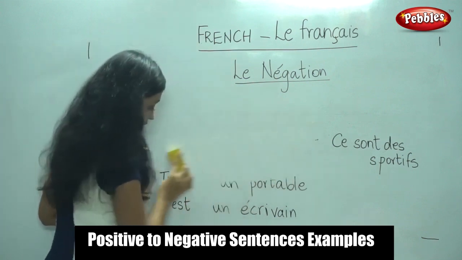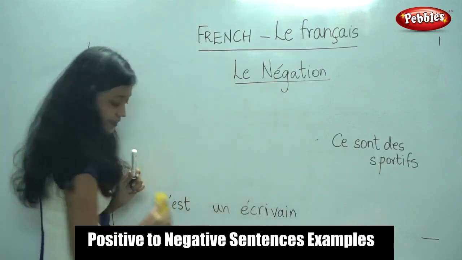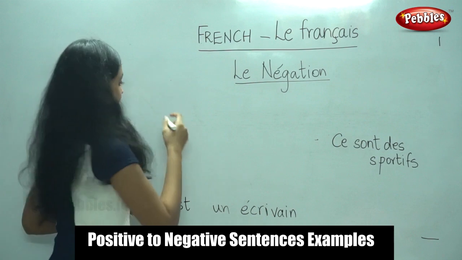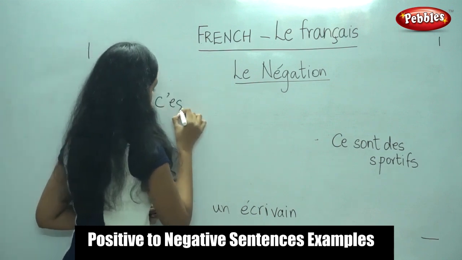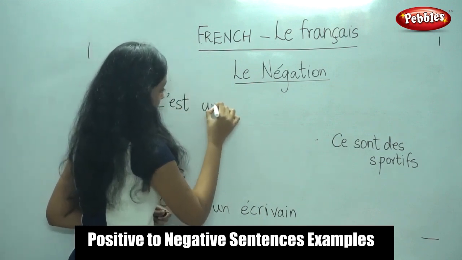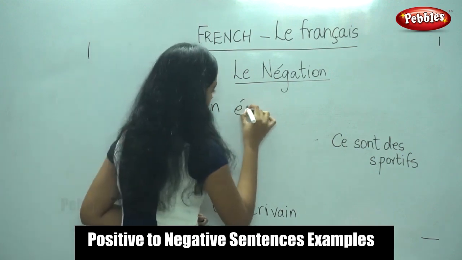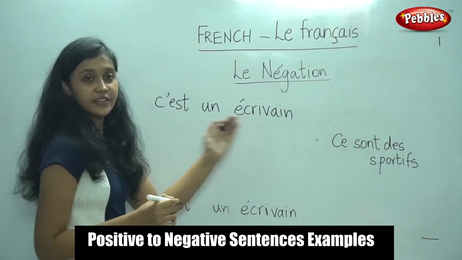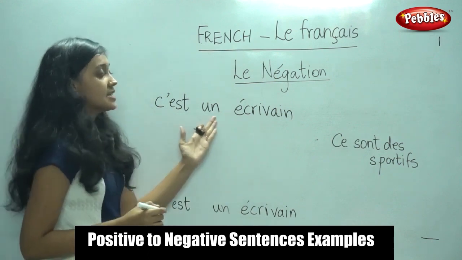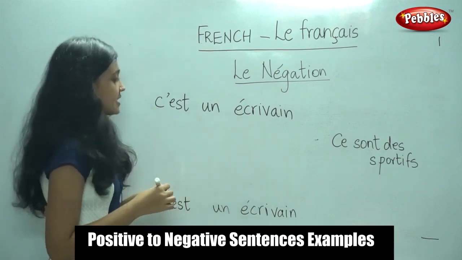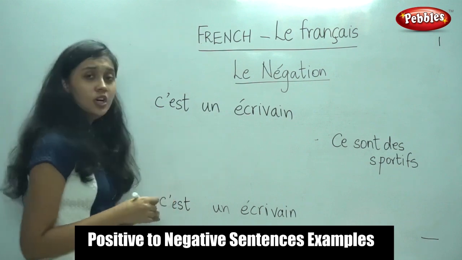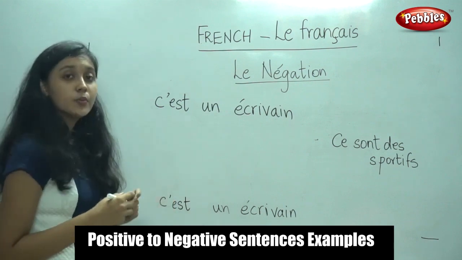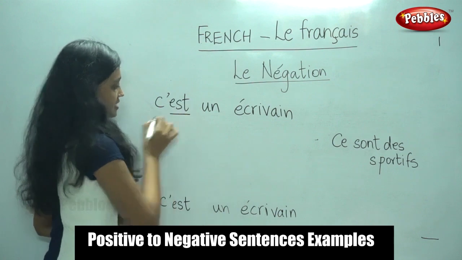Now, when it comes to indefinite articles, let us take this sentence. C'est un écrivain. It means this is a writer. So, normally what would we do? We would identify the verb. So, this is the verb.